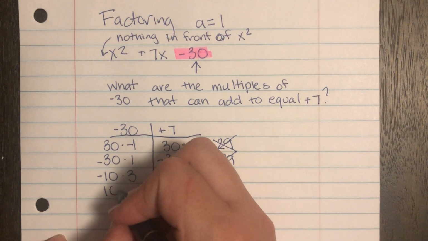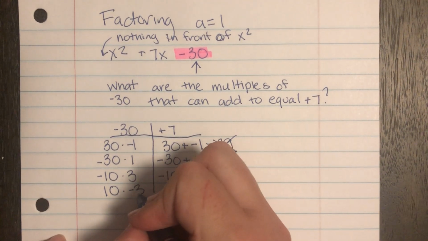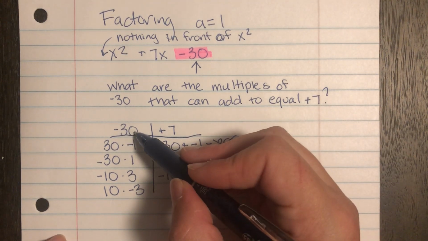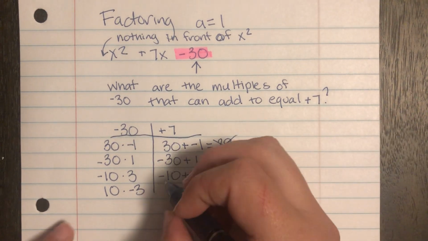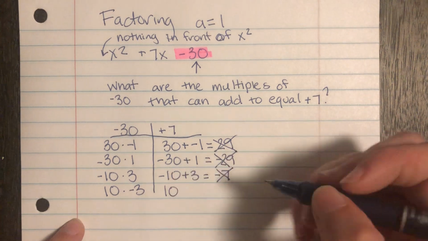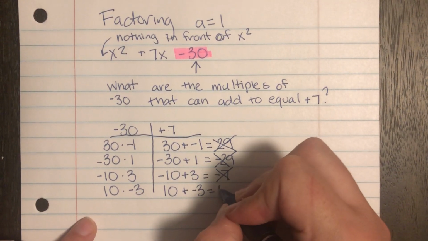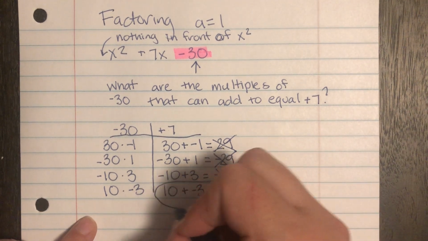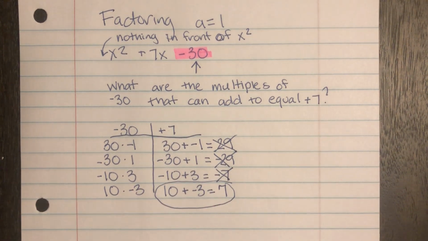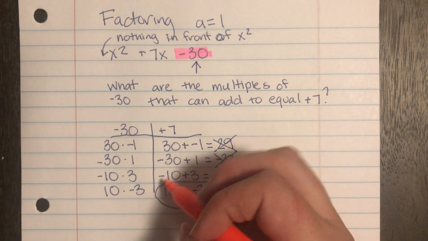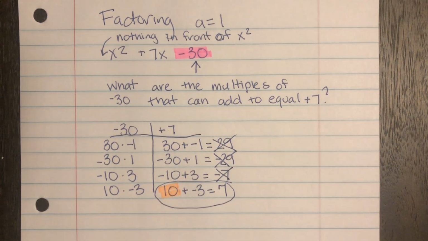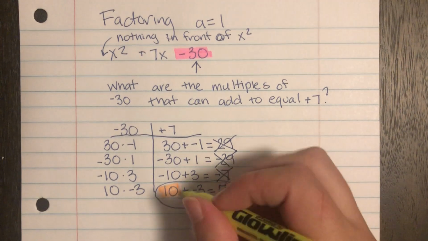So I'm going to try positive 10 times negative 3. That multiplies to give me negative 30. Now we're going to add the numbers together. So 10 plus negative 3 is equal to 7. I have found my answer, okay? These two numbers right here are super important, so I'm going to highlight them.